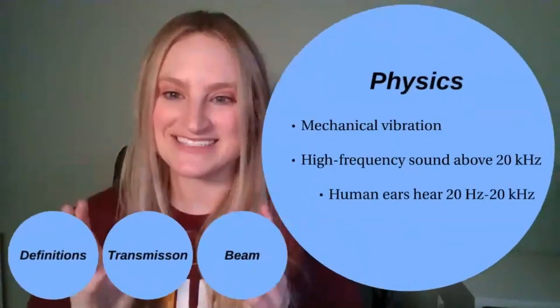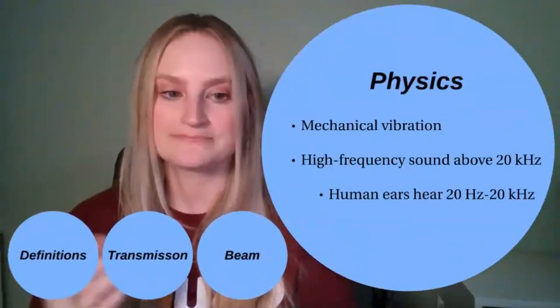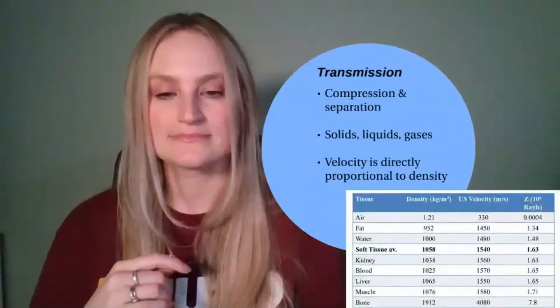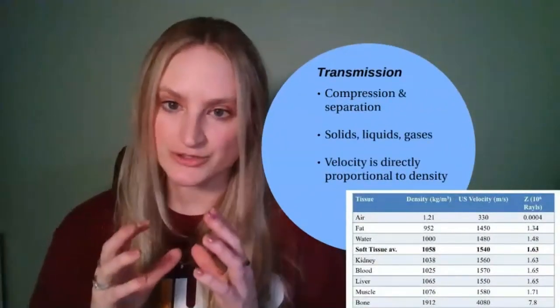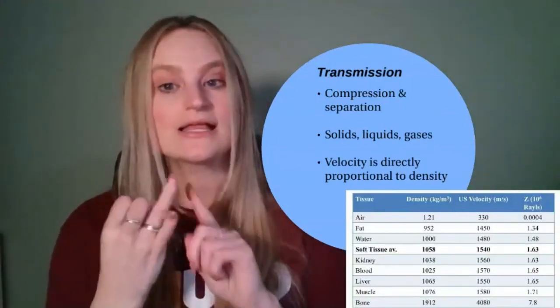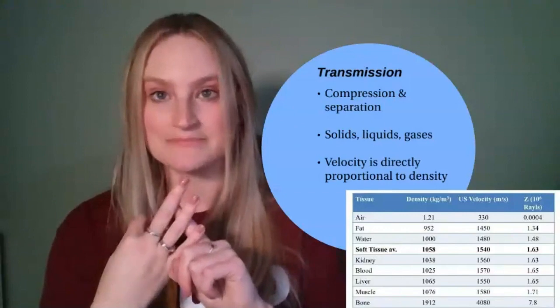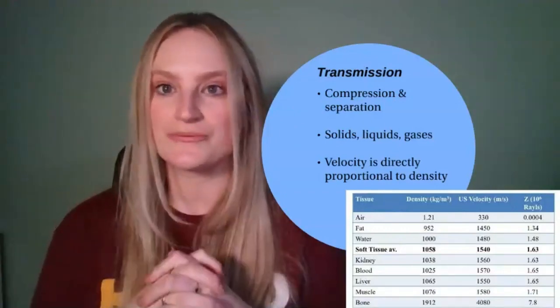Now that we've covered the basics of the physics, let's go over how wave transmission works. Through compression and separation of the molecules using the transducer, wave transmission can be acquired in solids, liquids, and gases. These waves are typically cylindrical and longitudinal.